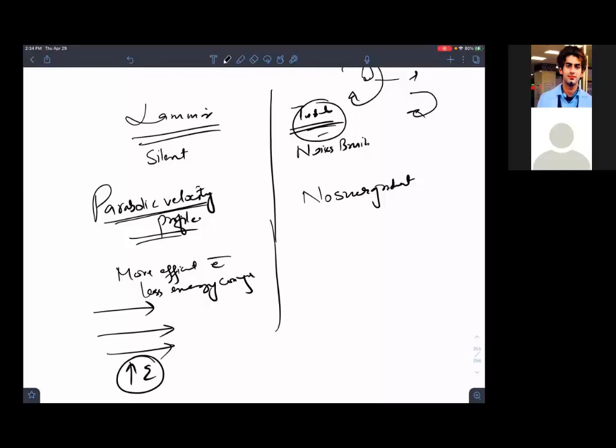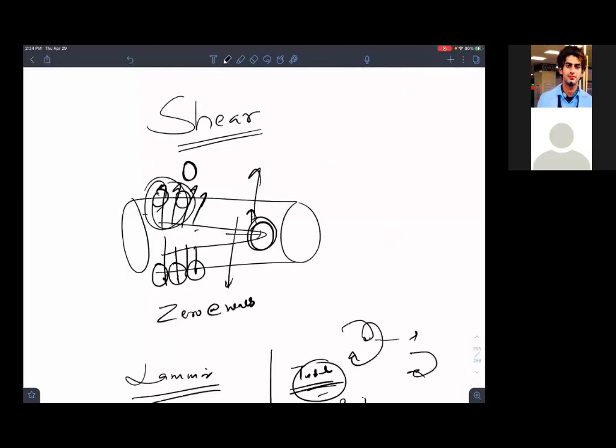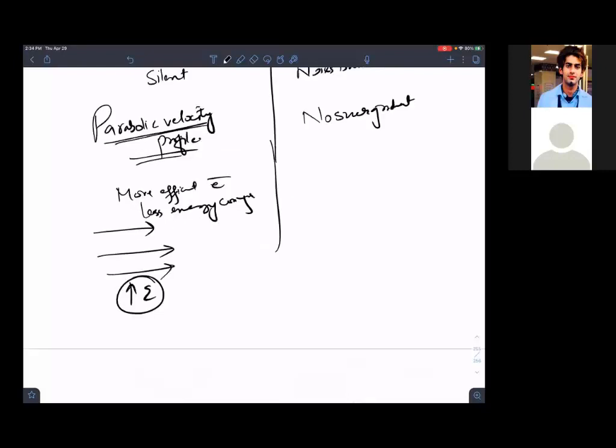You have to work so hard so that you can move the blood. One is going here, one is going here, one is going here. The directions, the vectors, are opposite. So you will have a less efficient flow. Laminar flow is the more efficient flow.